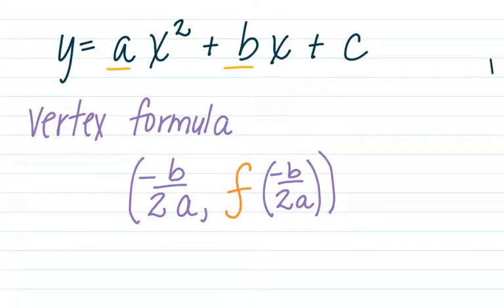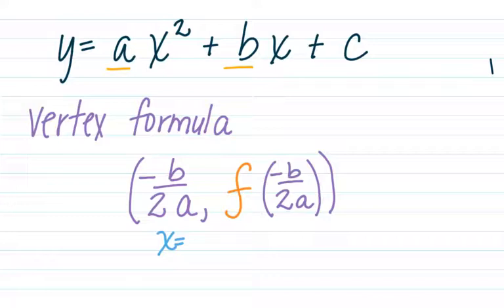So when you have a quadratic equation and it's y is equal to ax squared plus bx plus c, the vertex formula for your x-coordinate is x is equal to negative b over 2a. So the a and the b come from your coefficients of the equation, just like they did when you were working with the quadratic formula.